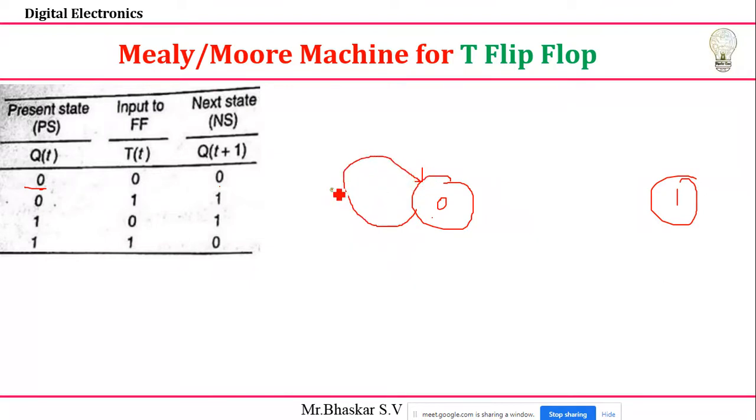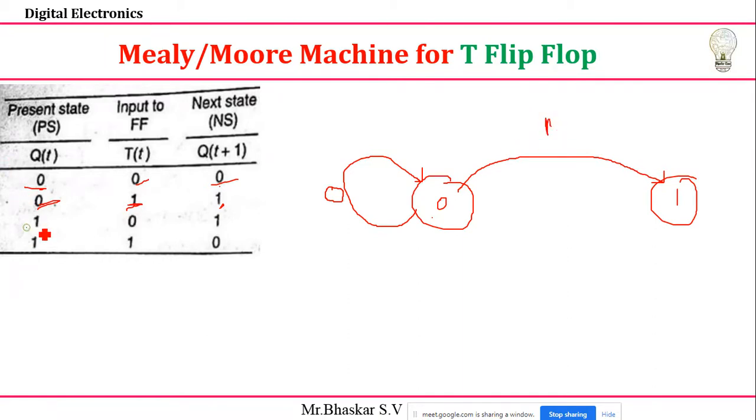The value should be present here when my input value is 0. Next, present state value is 0, it will go to the next state 1. It is moving from 0 to 1. When it happens, my T value should be 1. This is my input, I'm going to take 1 here.